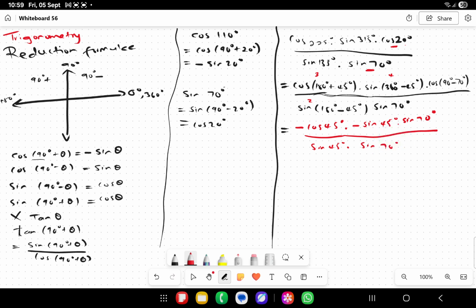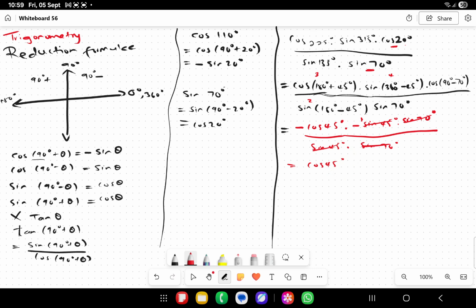Let's see if we can do some division here. I have sine 70, sine 70. I have sine 45, sine 45, but a negative is left. So it's going to be negative cos 45 times negative 1. So I'm going to have positive cos 45 degrees.